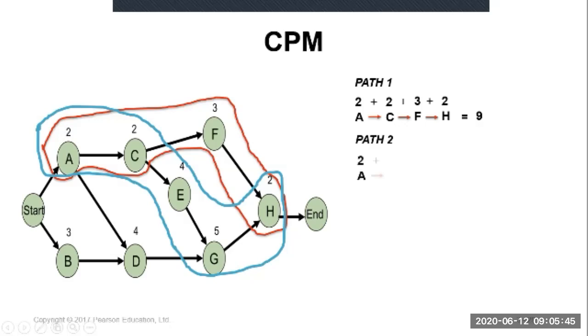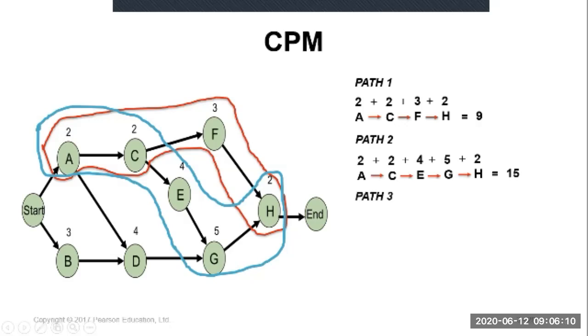A 2 weeks plus C 2 weeks, plus E 4 weeks, plus G 5 weeks and H 2 weeks. The duration to complete all the activities in this path is 15 weeks.